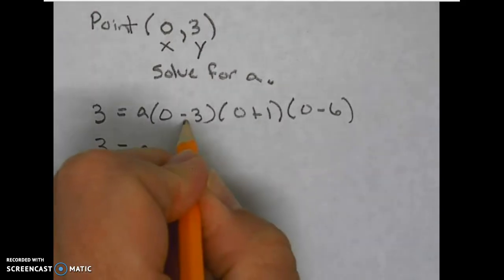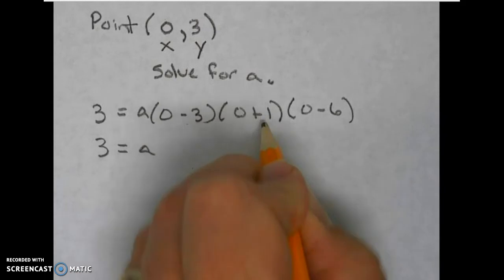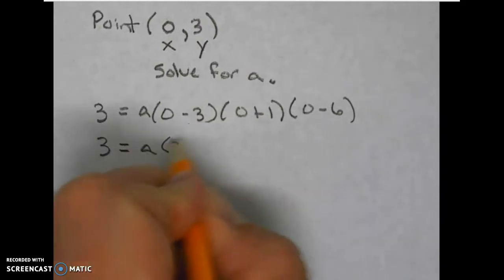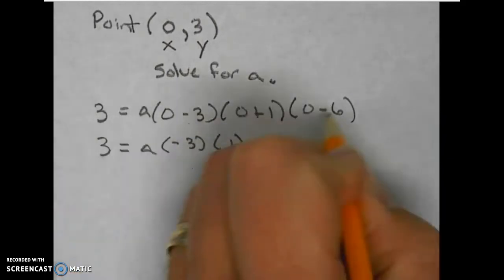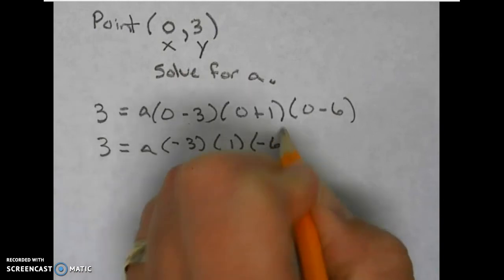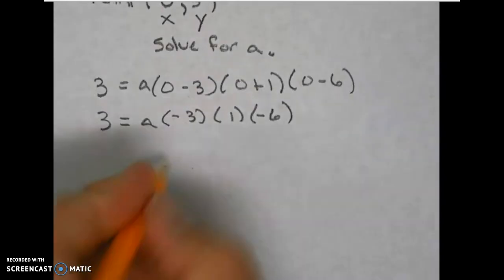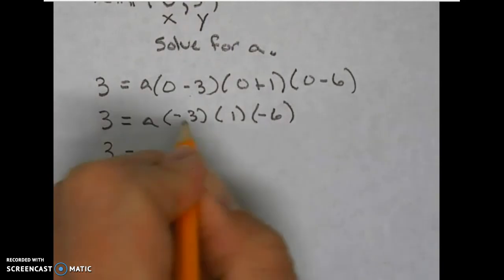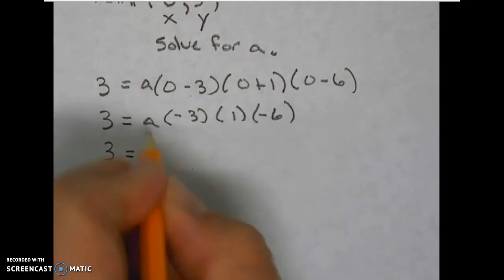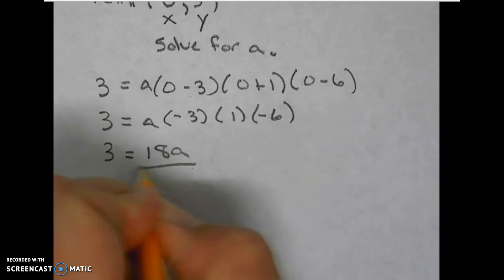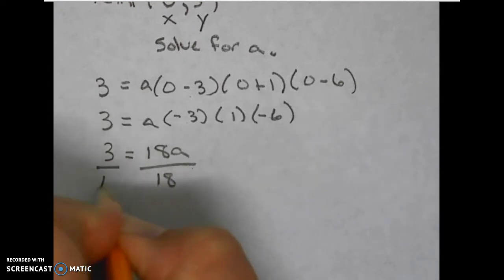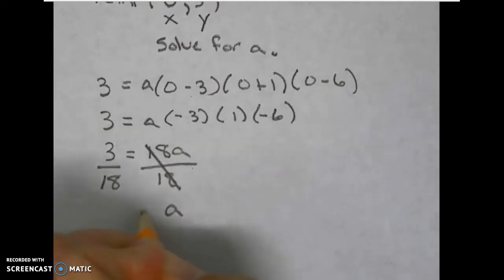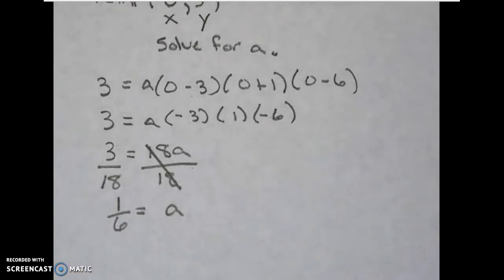and so simplifying we get negative 3 times 1 times negative 6. Continuing to simplify, we get 18a. So our a value would be 1/6.